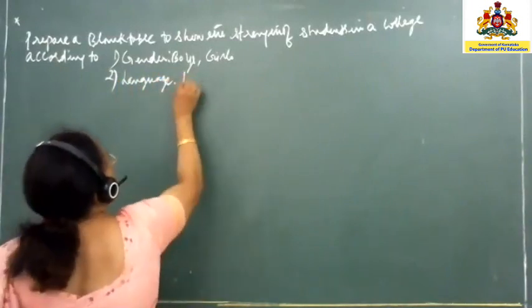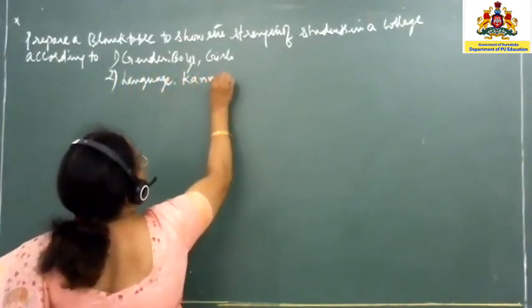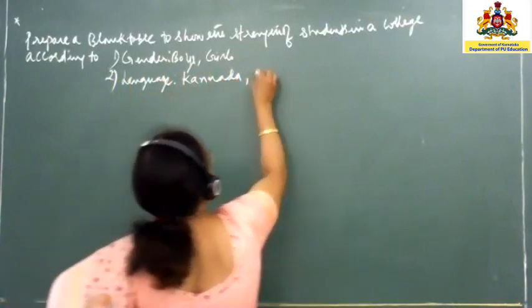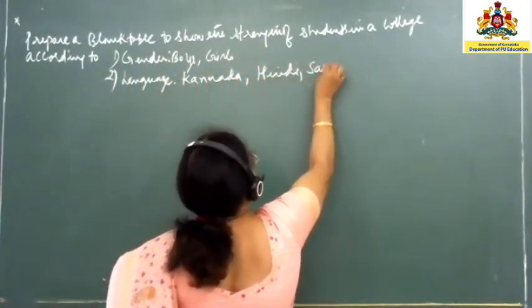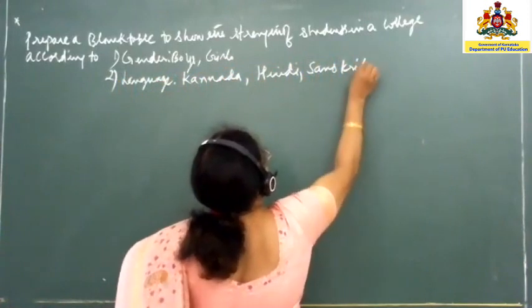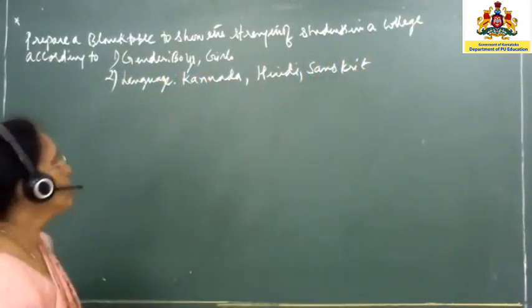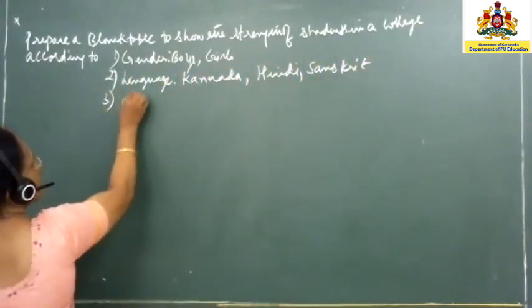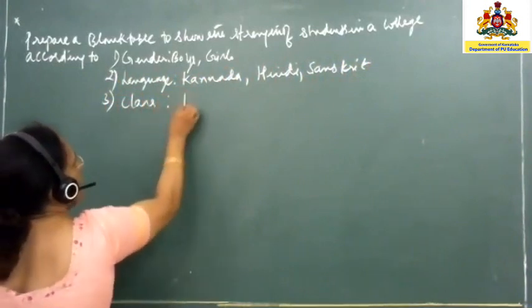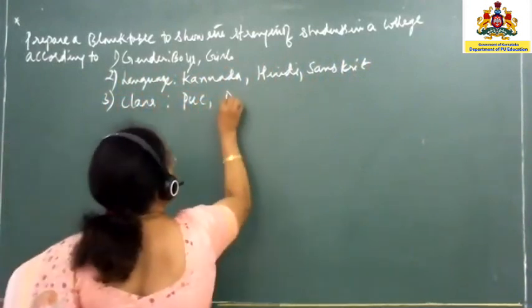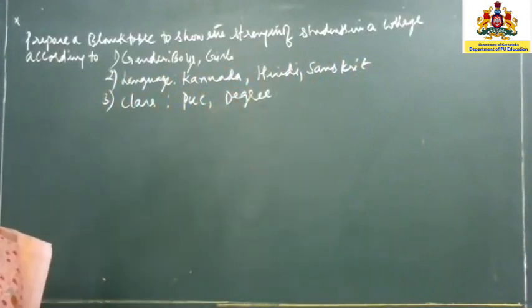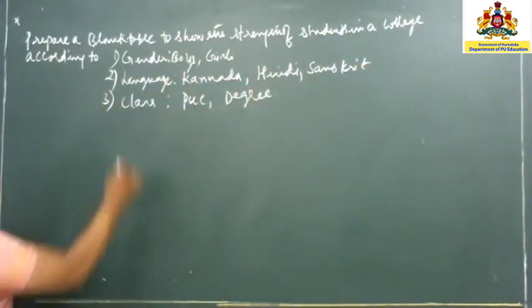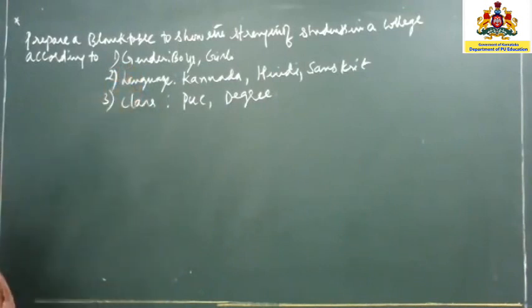You can have 3 languages: Kannada, Hindi, Sanskrit. Other than this, you can have one more characteristic, that is class. I can take this as PUC and Degree. Now is this a manifold table? Yes, because there are more than 2 characteristics.